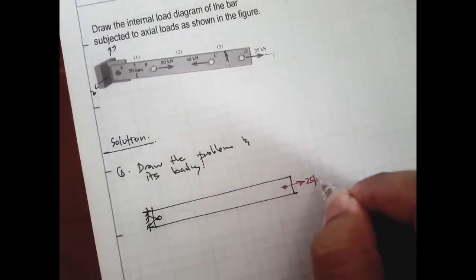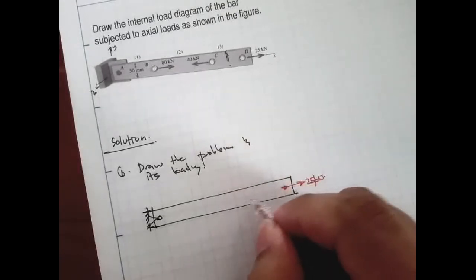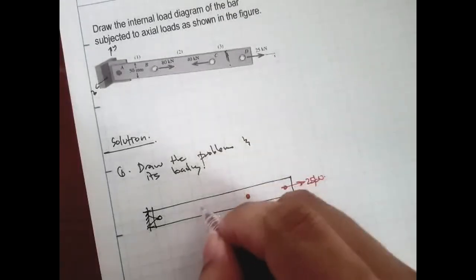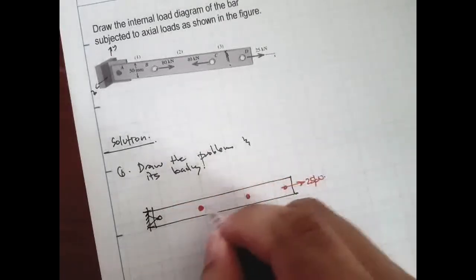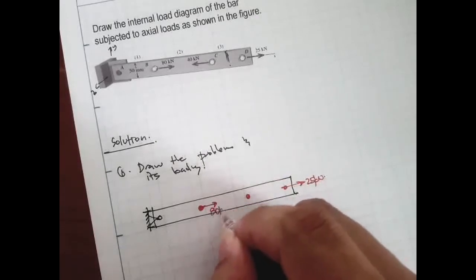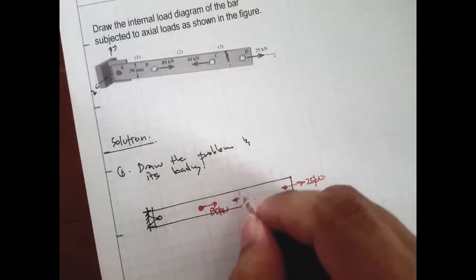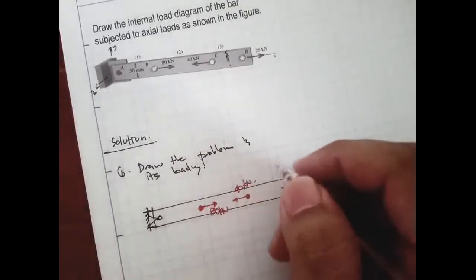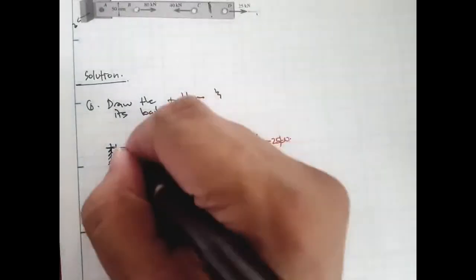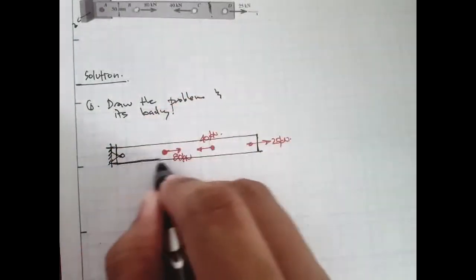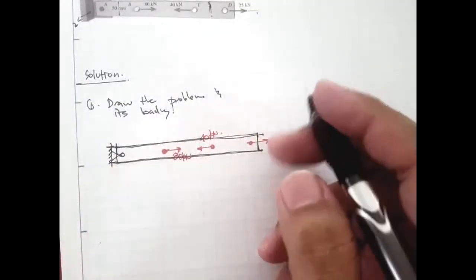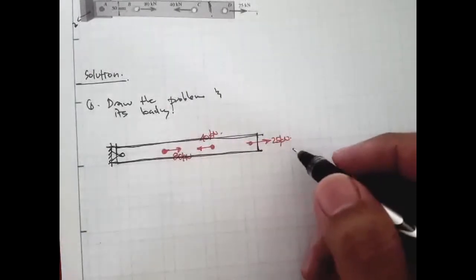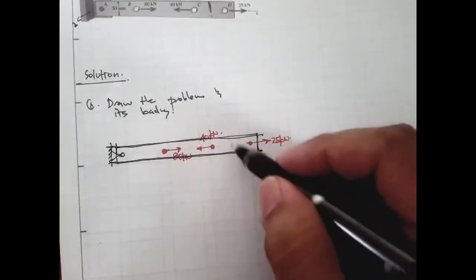This is 25 kilonewtons, and right here we have another loading at C, and probably this is B. So at point B we have 80 kilonewtons, and right here we have 40 kilonewtons. So how do we determine the forces in each section?